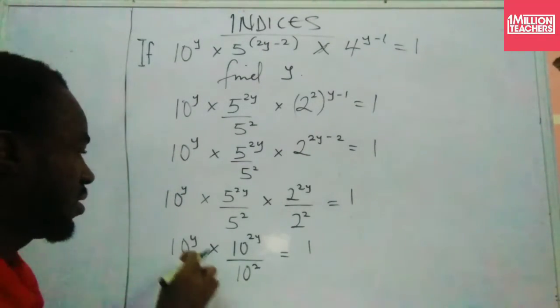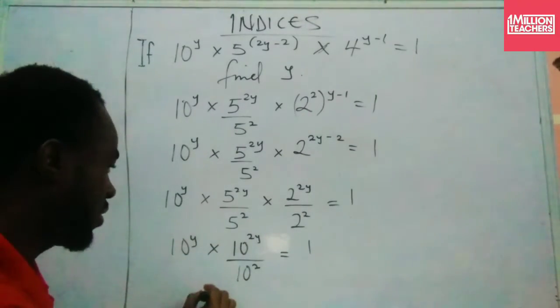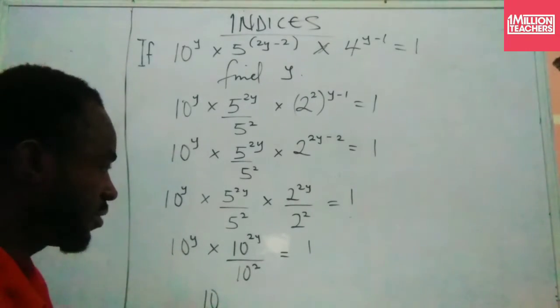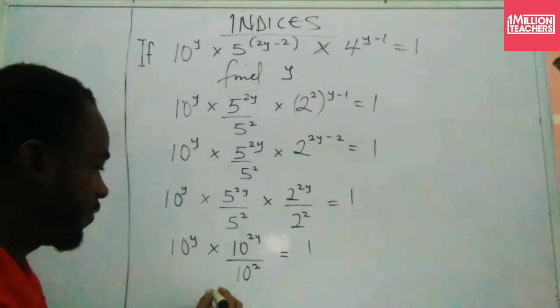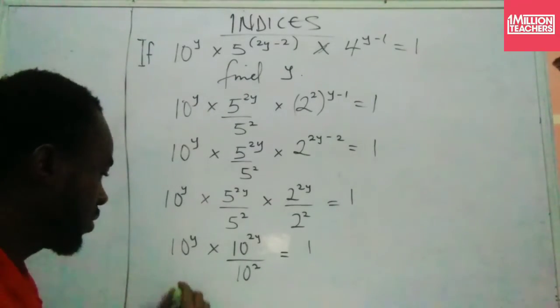And applying the law of indices here, this will give me 10 raised to the power of, hope you can see that, maybe I should raise it up a little bit.